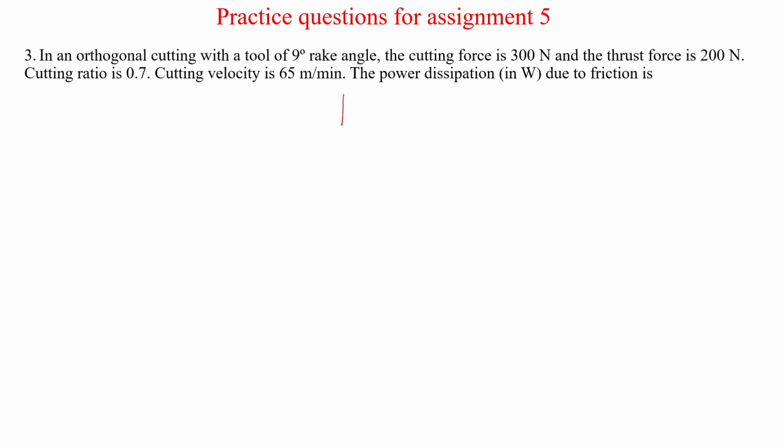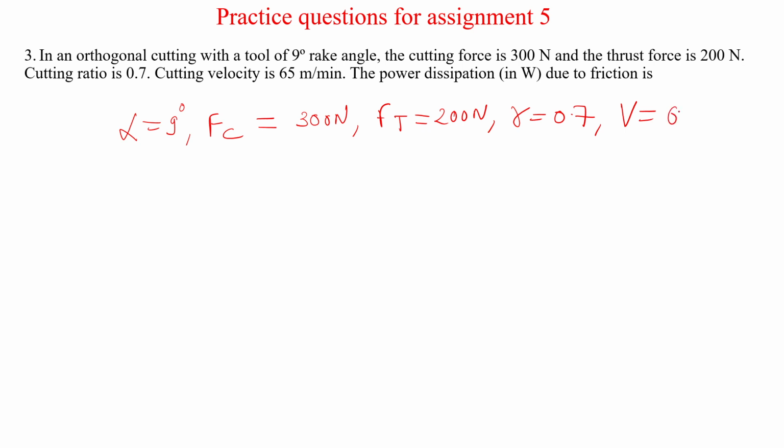Let's move to the next question, the third. Please read the question. In an orthogonal cutting with a tool rake angle alpha of 9 degrees, the cutting force Fc is equal to 300 newtons, the thrust force Ft is equal to 200 newtons, the cutting ratio R is equal to 0.7, and the cutting velocity is given as 65 meter per minute.